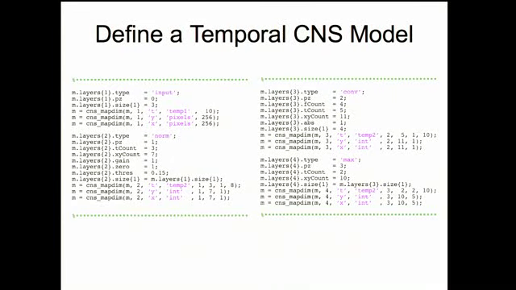So here's a CNS model that captures time. This is defined in a package of operators and additional functions called a CNS model. It has an input layer, which again is a buffer for your inputs, but in this case, the buffer can store multiple frames.